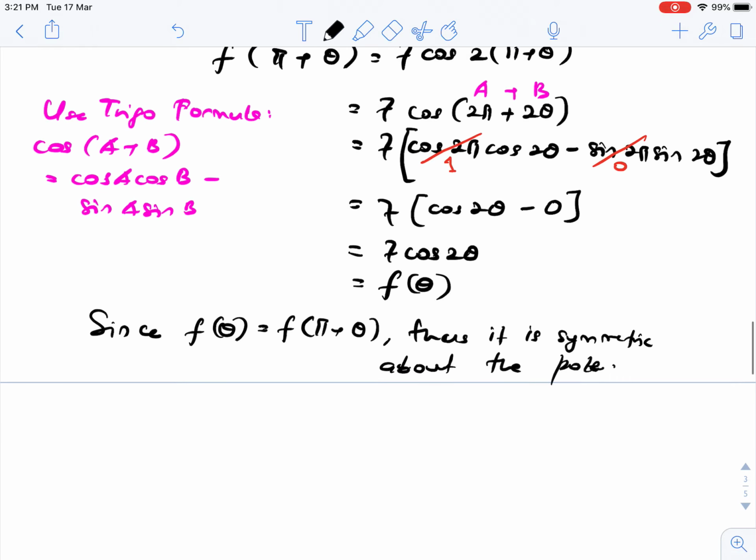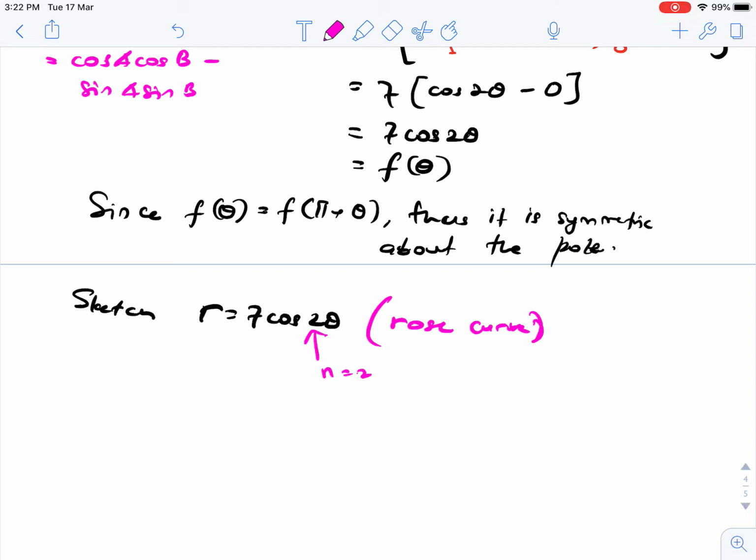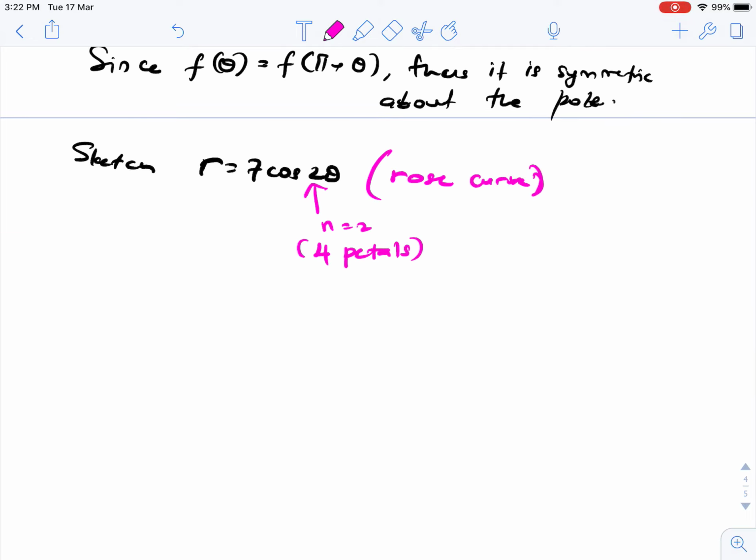Okay, so let us plot. If we sketch the graph of 7 cos 2 theta, this is actually a rose curve, right? Rose curve. We have n equals 2, which means that we have 4 petals, right? So the graph will be like this.